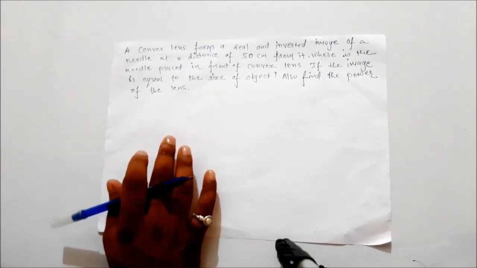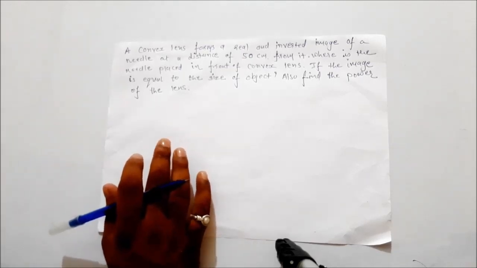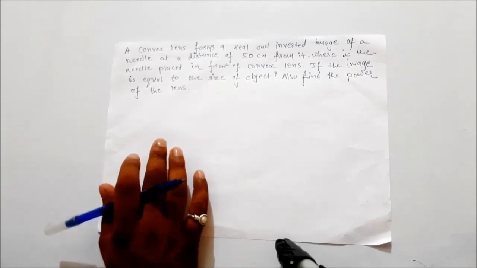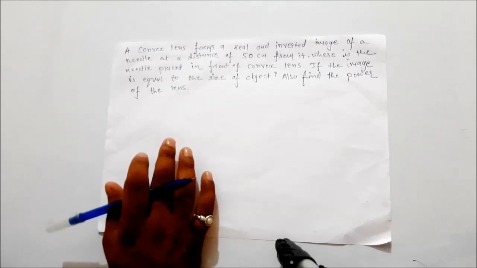First read it. What is said? It is said that we have a convex lens which forms a real and inverted image of a needle at a distance of 50 centimeter.